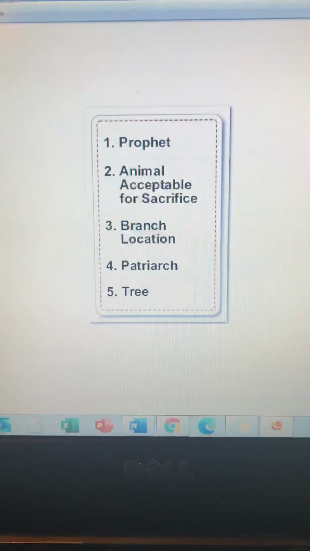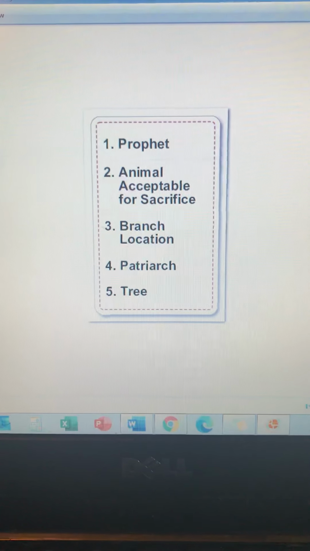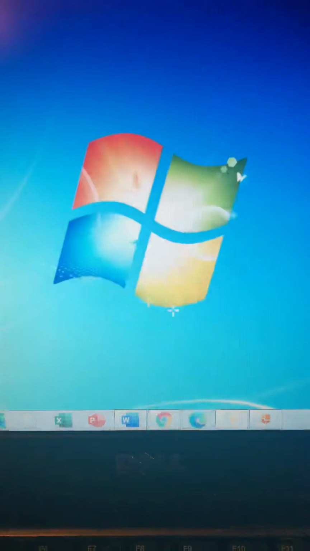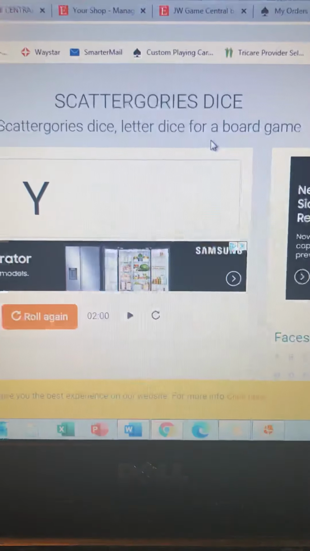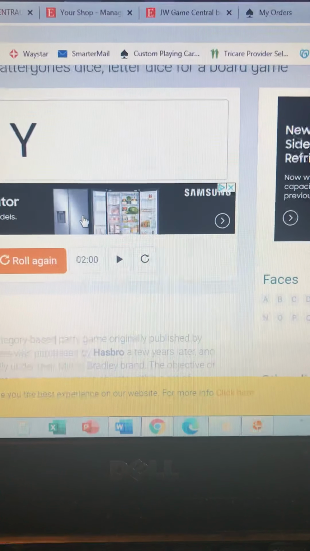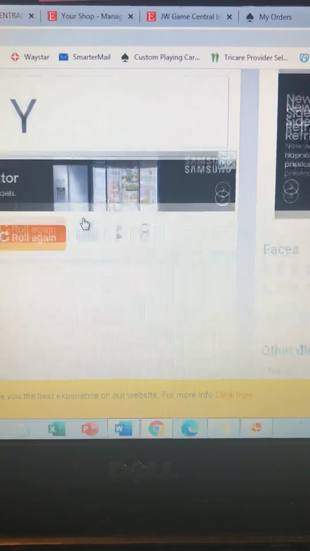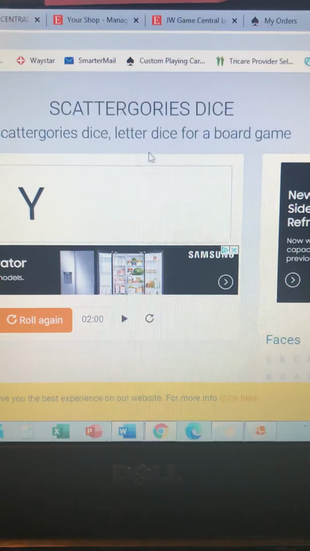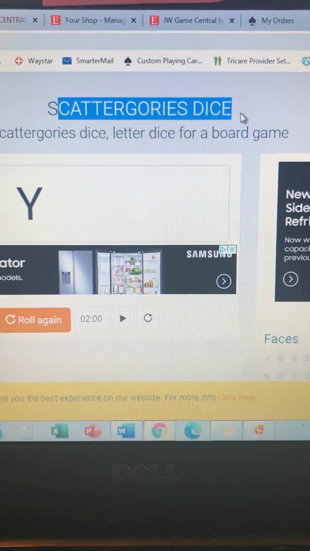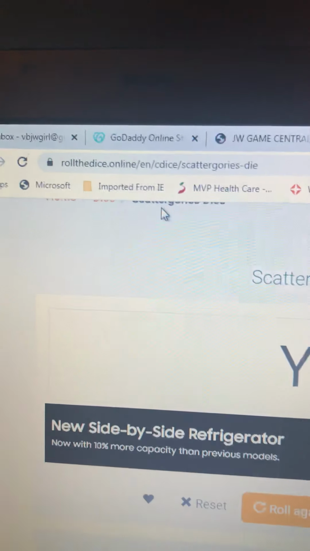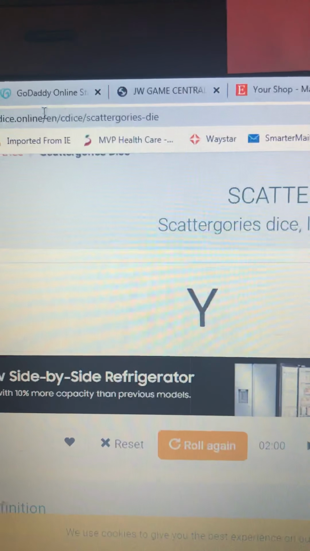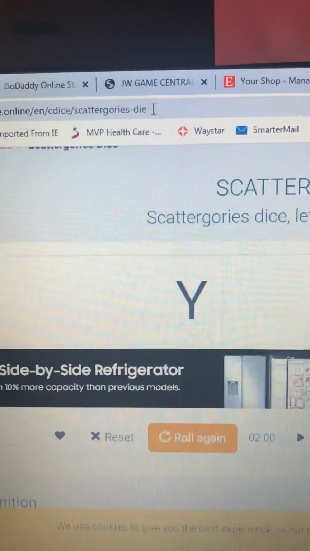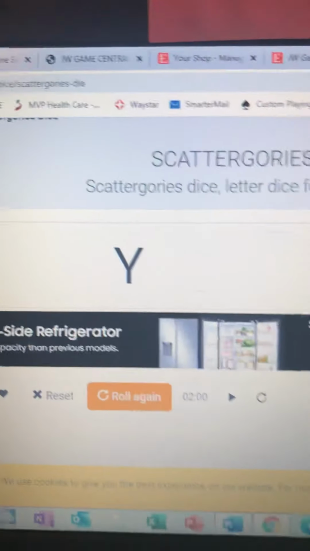For the digital version, you will receive all 10 cards, looking similar to this, but probably in a PDF file, because that seems to be easier to share across devices. And then I will list in your download a couple of websites where you can go to get a Scattergories die. This one is my favorite. It's rollthedice.online, and they have dice for several games, but they specifically have a Scattergories die.